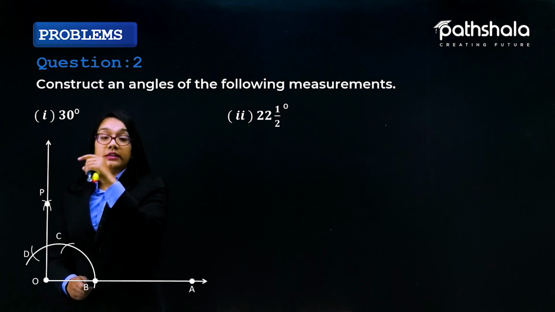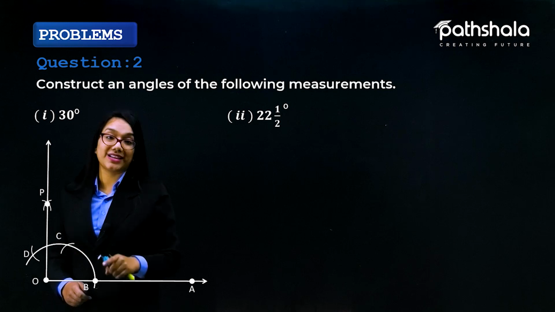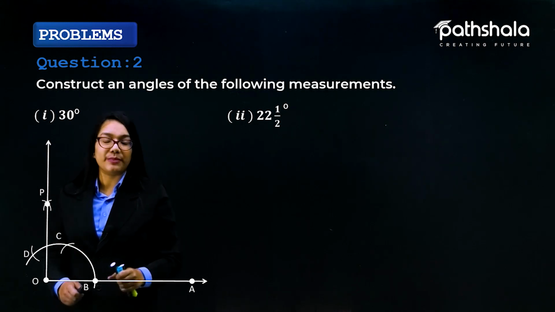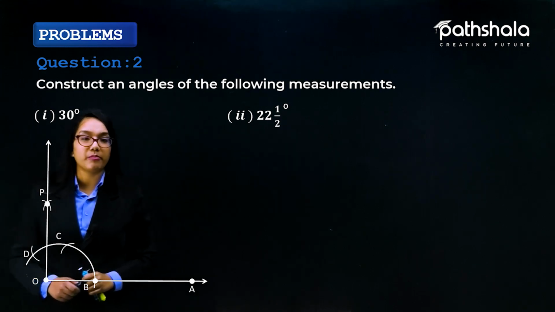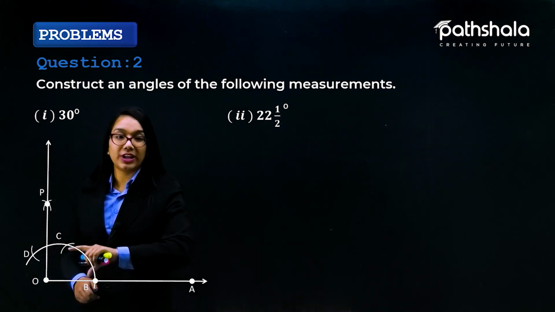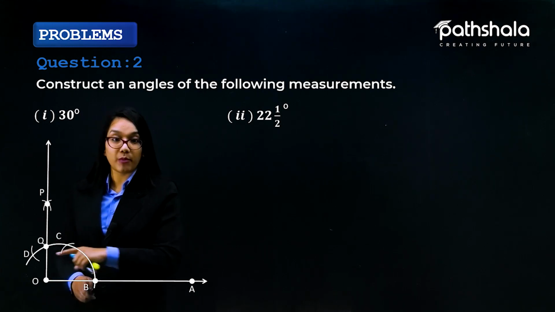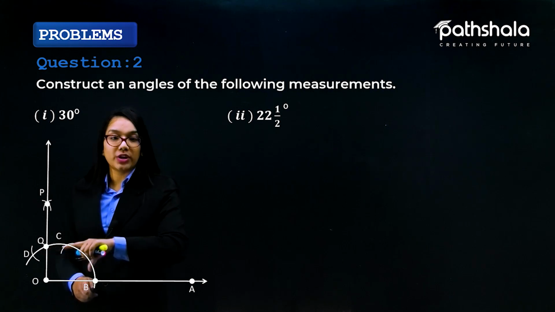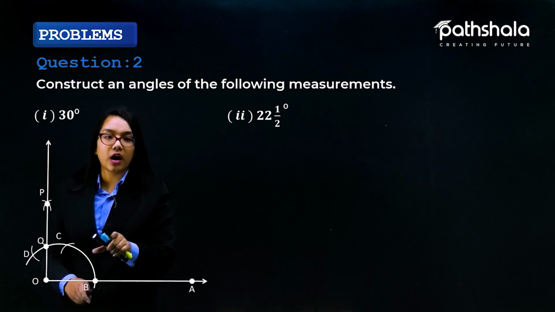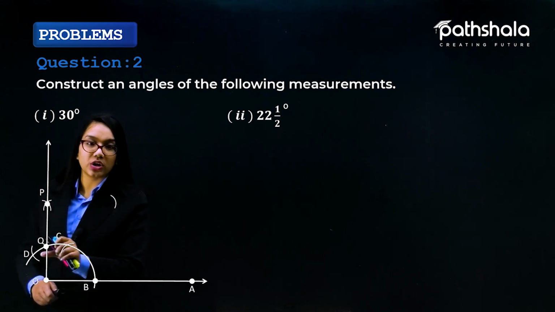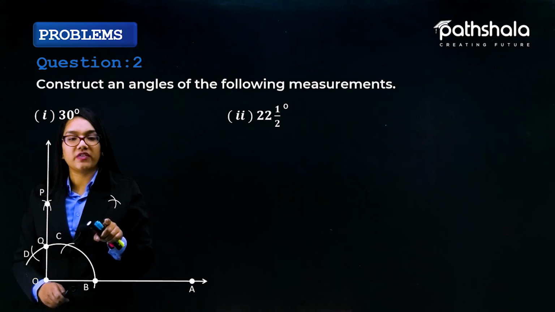Now we know that half of 90 is 45. It means we have to construct the angle bisector of this 90. So let's start constructing the angle bisector. First of all, we have to take the compass and take more than half of this particular distance. Let us suppose I'm calling this point Q. So taking more than half of BQ, we have to draw an arc over here, and again using Q as a center, mark an arc over here which will intersect the previous arc.